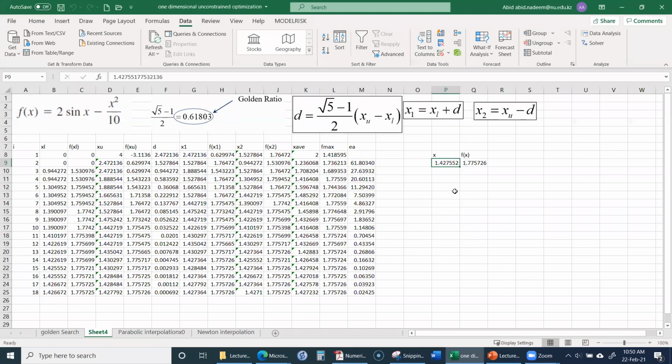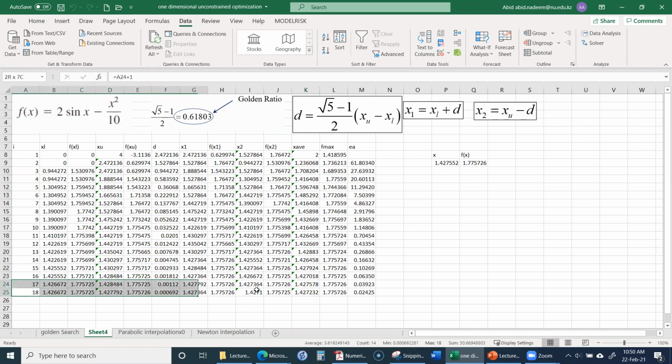So here you can see that the value of x is 1.427552, and what we found over here is 1.775726. Yeah, it's quite close actually. Sorry, 1.427232, 1.427552.